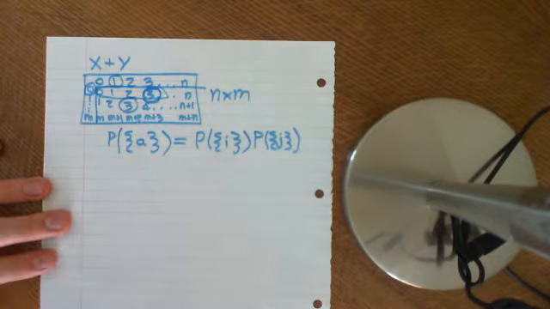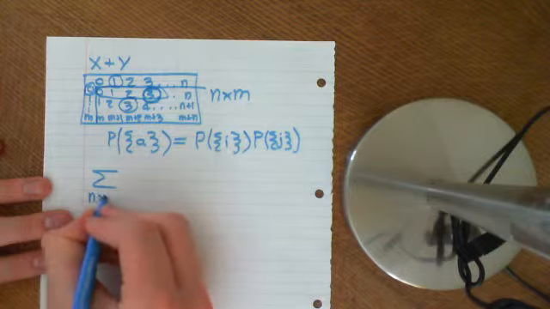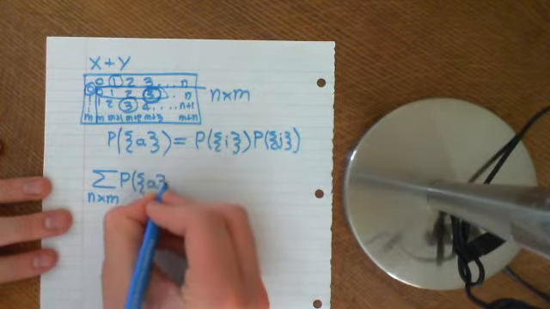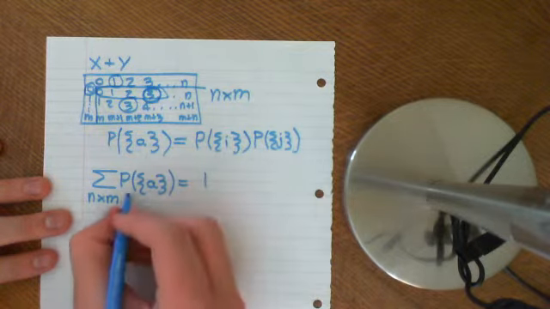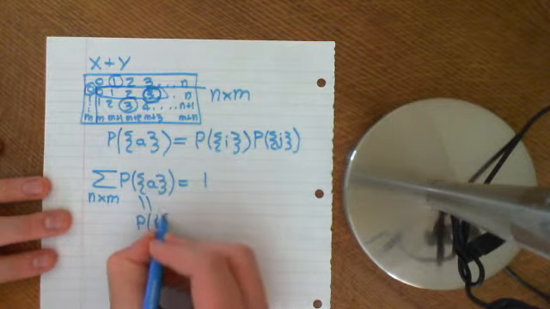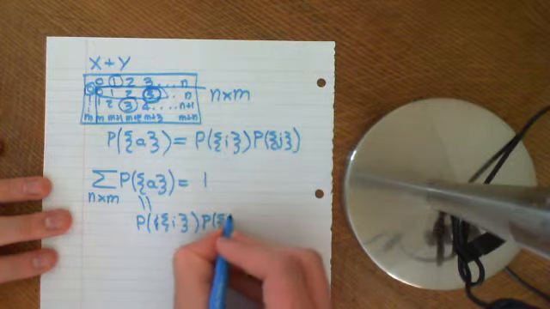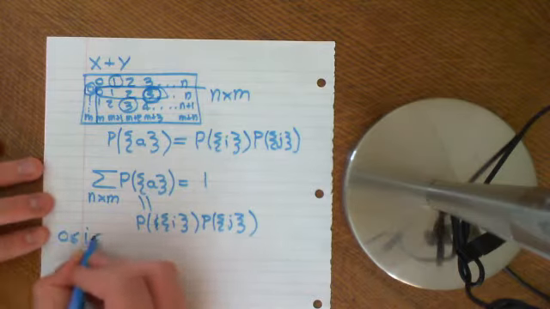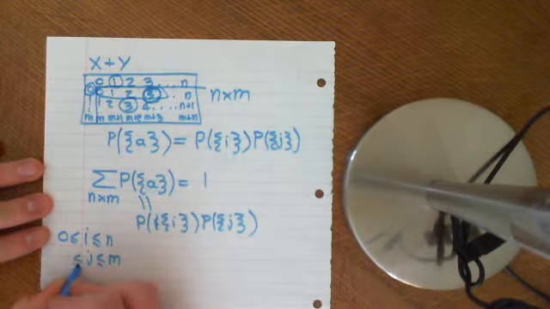What we're going to have to make sure is that if we sum all of this up over all m by m combinations, it's equal to 1. So basically we can substitute in this as the probability of getting i times the probability of getting j, where i ranges between 0 and n, and j ranges from 0 to m.